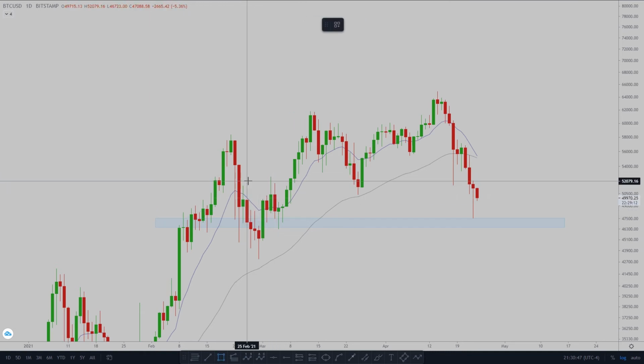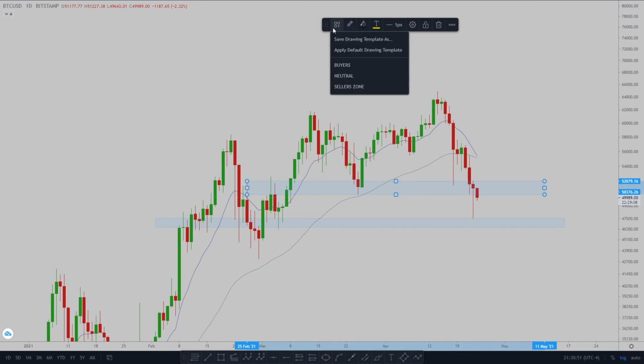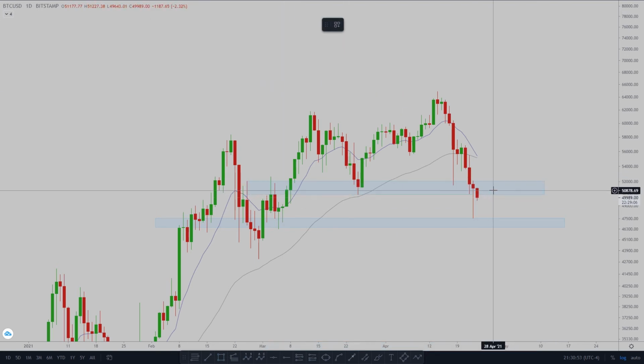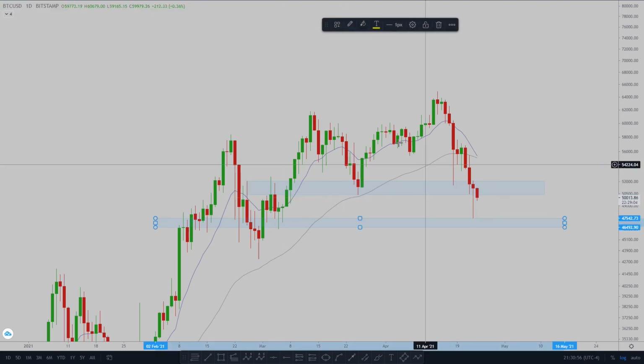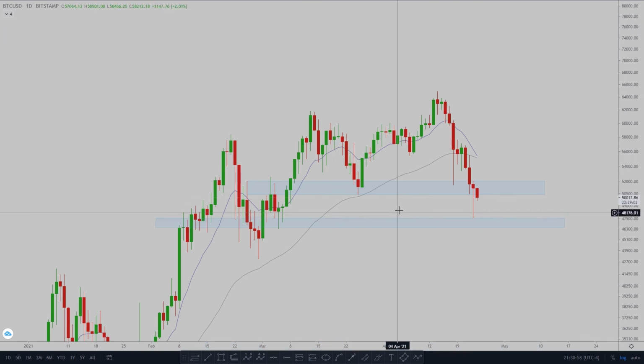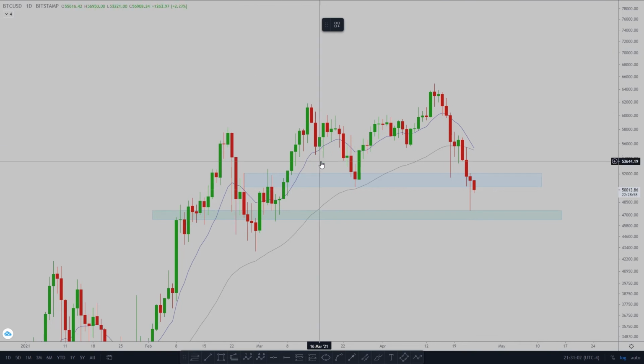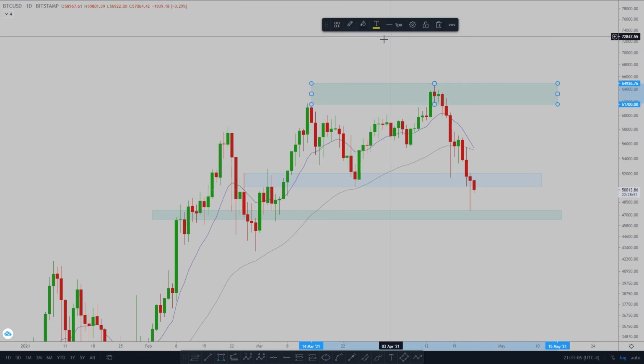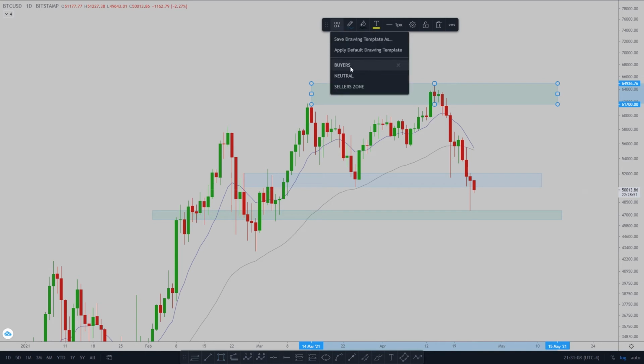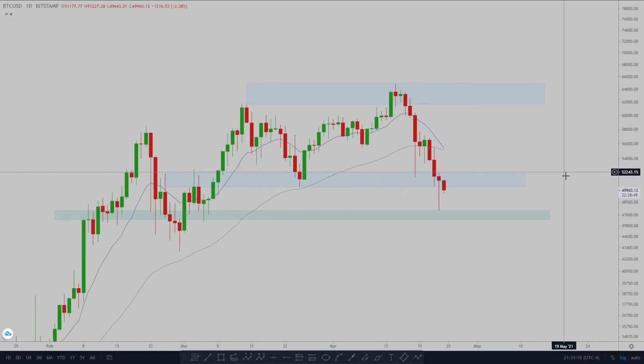We did have a previous support over here, which is now acting as immediate short-term resistance. Let's put this as support. And this will also act as, right now, medium-term resistance as long as we are below it.